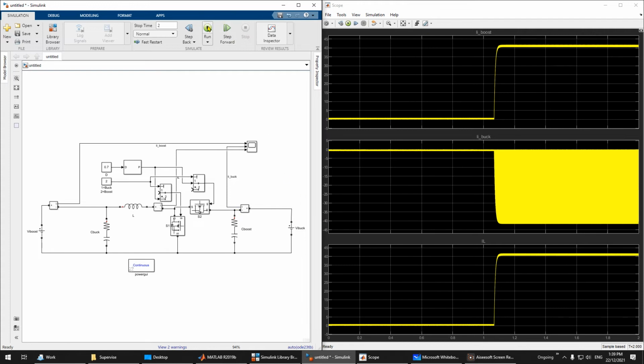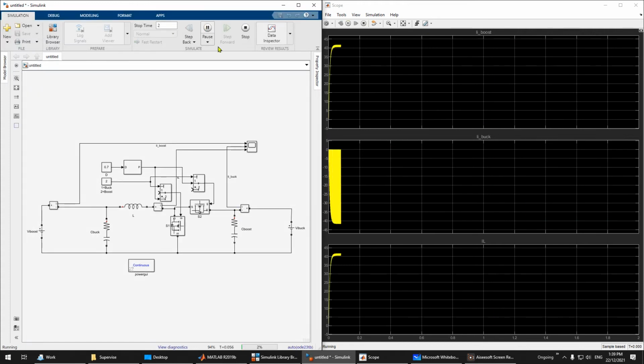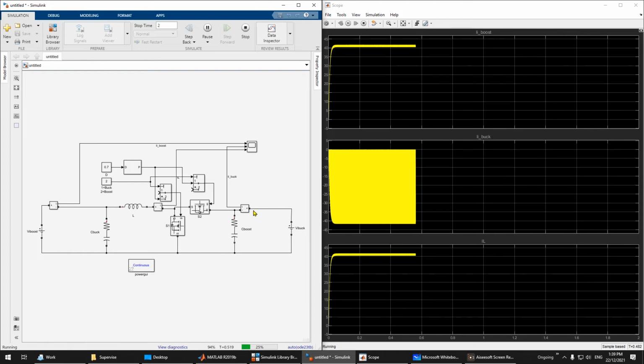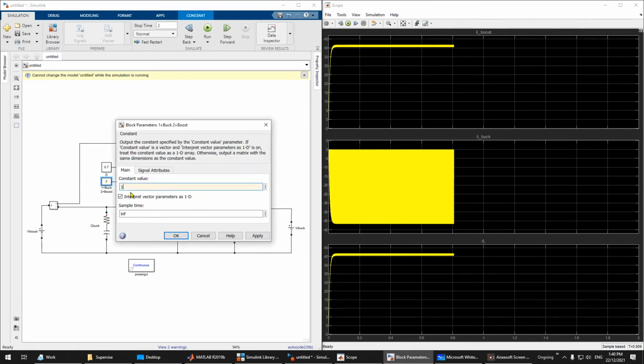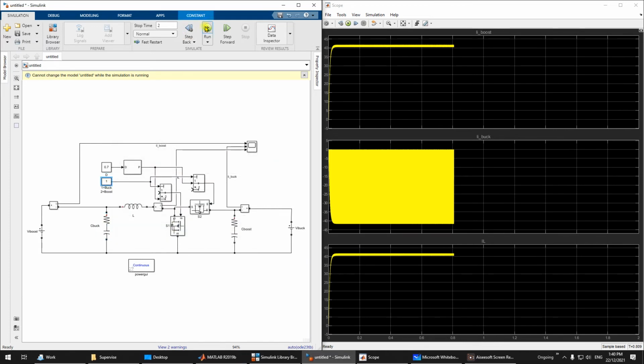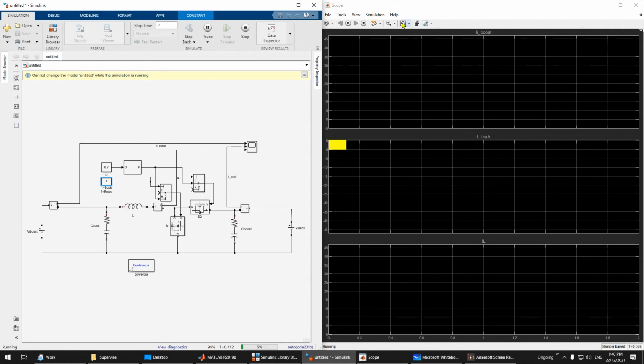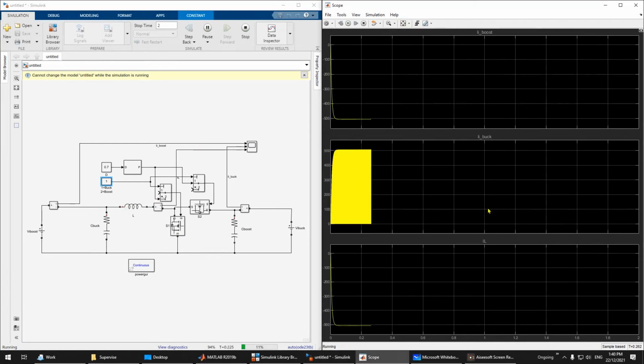If you simulate this, it's still not okay. Sometimes it becomes okay, but sometimes it's not. So just leave it like that. Maybe you want to see only the buck mode. I'm still not okay.